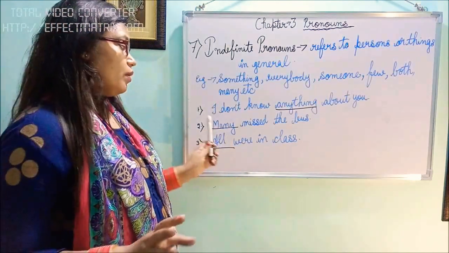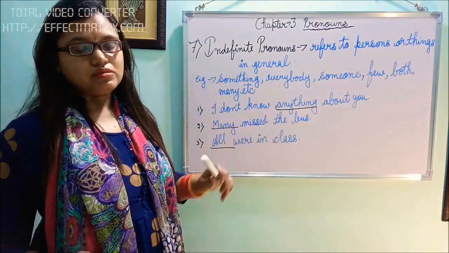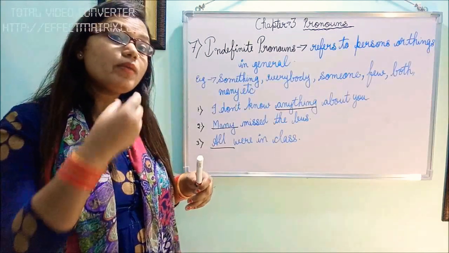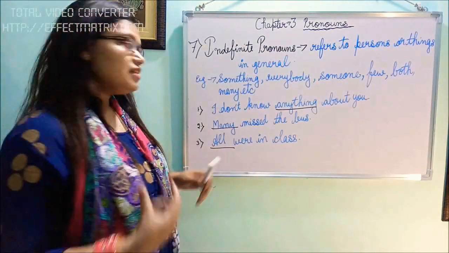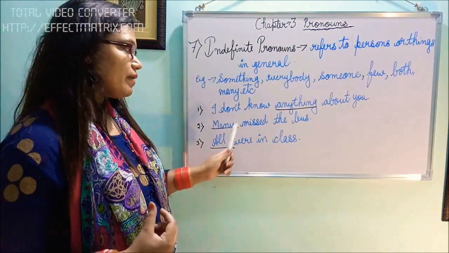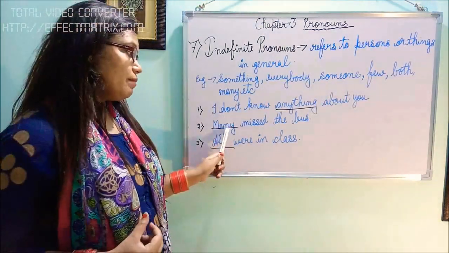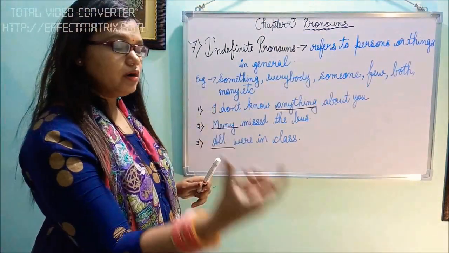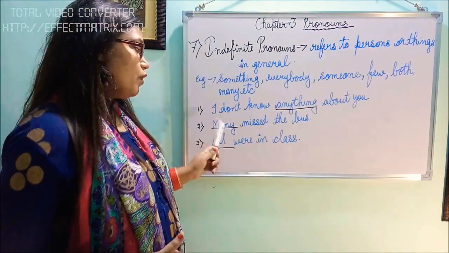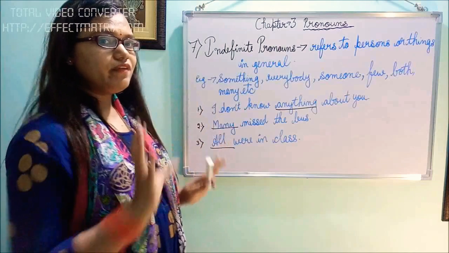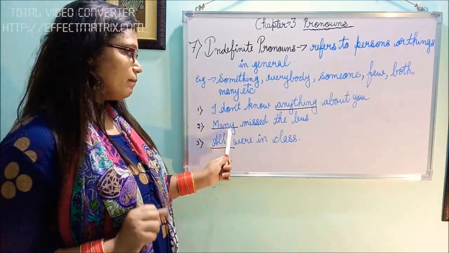Understand? Now, many missed the bus. We don't know how many people, how many children missed the bus. We are simply saying many missed the bus. Now, many includes girls, boys, men, women, children. So generally one word is used, many.